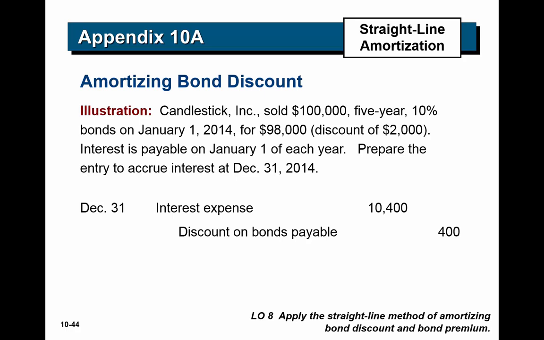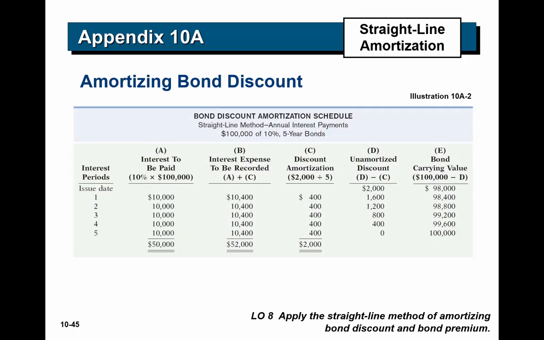So $400 per year of that discount is going to be recognized as an interest expense. After 5 years, we'll have recognized the full $2,000. The interest comes from $100,000 times 10%, $10,000 in interest payable, plus $400 of the discount being amortized, or a better way to say that is $400 of that discount is being recognized as an expense each year.